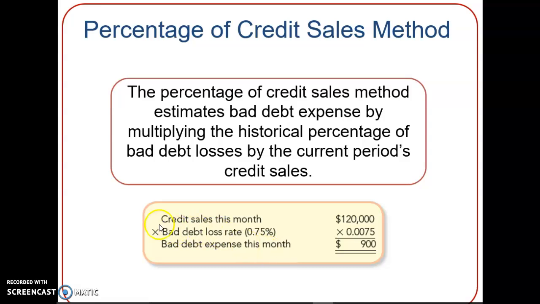First of all, we need credit sales of this month or this period, which is given $120,000.